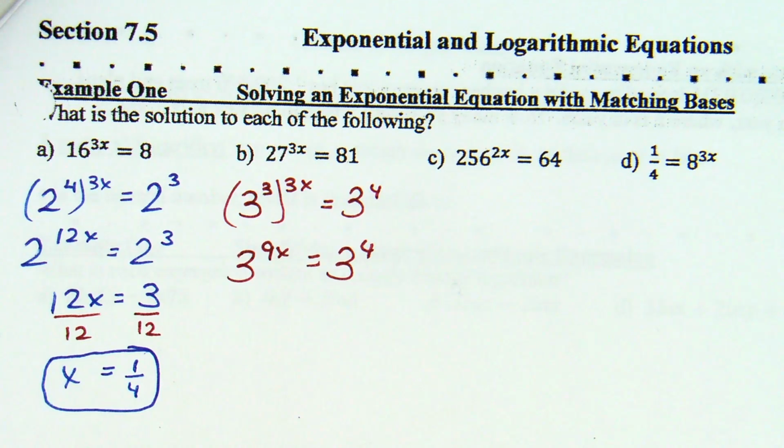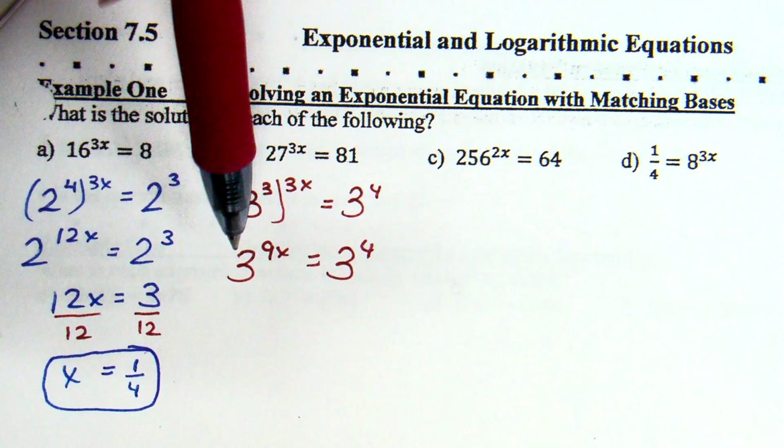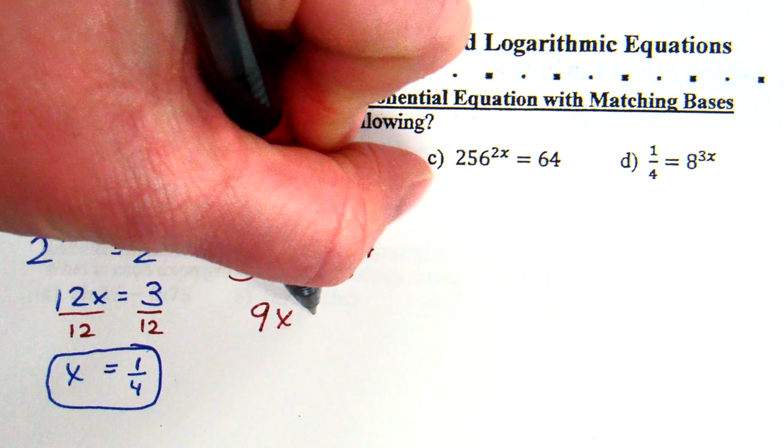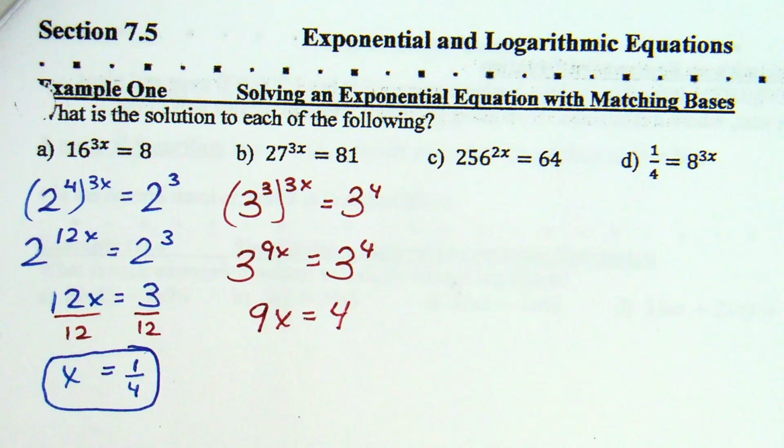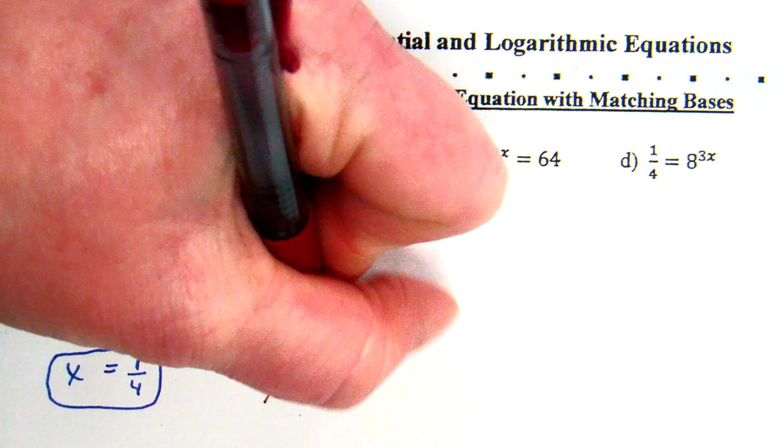What do we know now? Threes cancel off, and we have 9x equals 4. 9x equals 4, divide by 9, and x is 4 over 9.